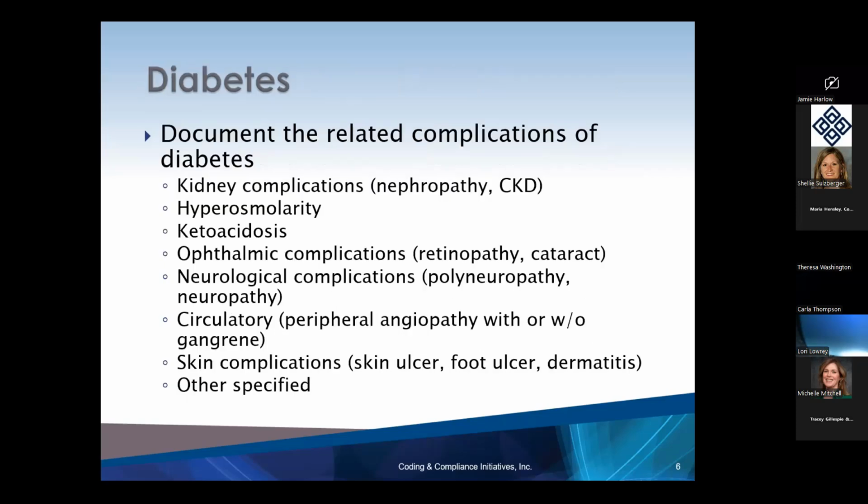Now, when we're thinking about complications related to diabetes, patients can have kidney complications, neurological, circulatory, etc. There's several complications. A lot of times what happens is when I shadow providers, they are referencing some of these complications, or they're looking at, hey, when did you follow up with nephrology, etc. They don't always document how the complication impacted the diabetes or vice versa.